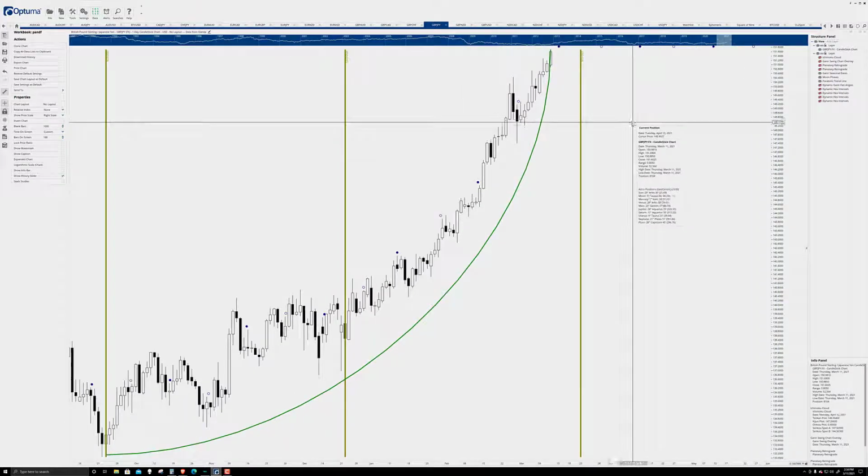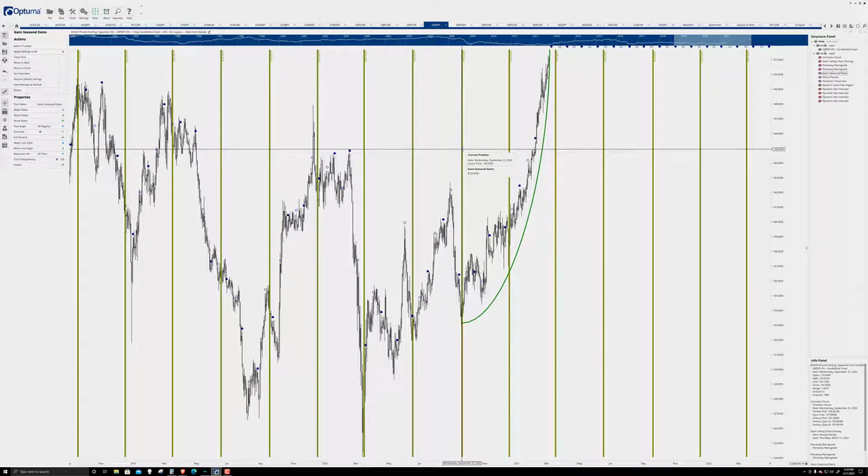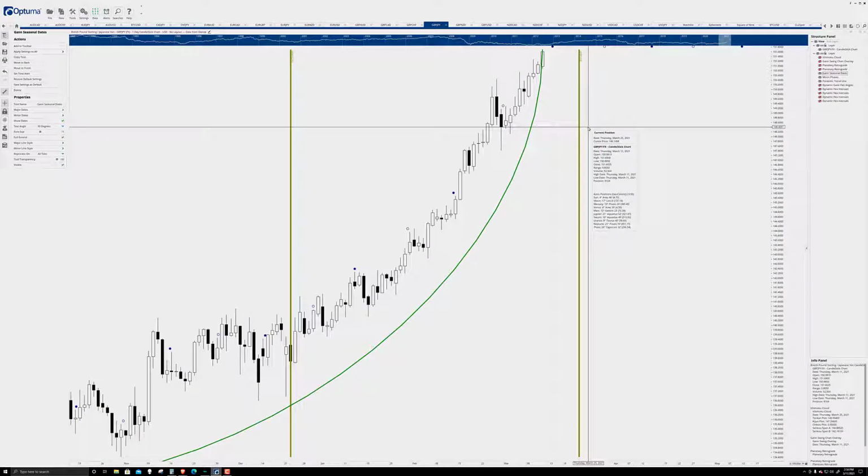Without going into a ton of the specifics here, these vertical lines are called Gann seasonal dates, which really are nothing more than your solstice and equinox. You're getting your seasonal dates here, which are the dates of spring, summer, fall, and winter. The 21st of March is when spring starts.